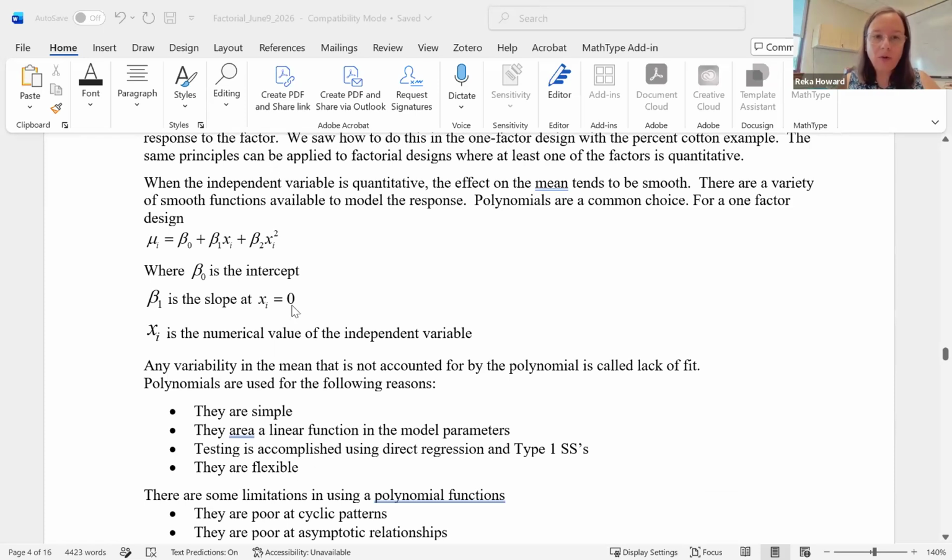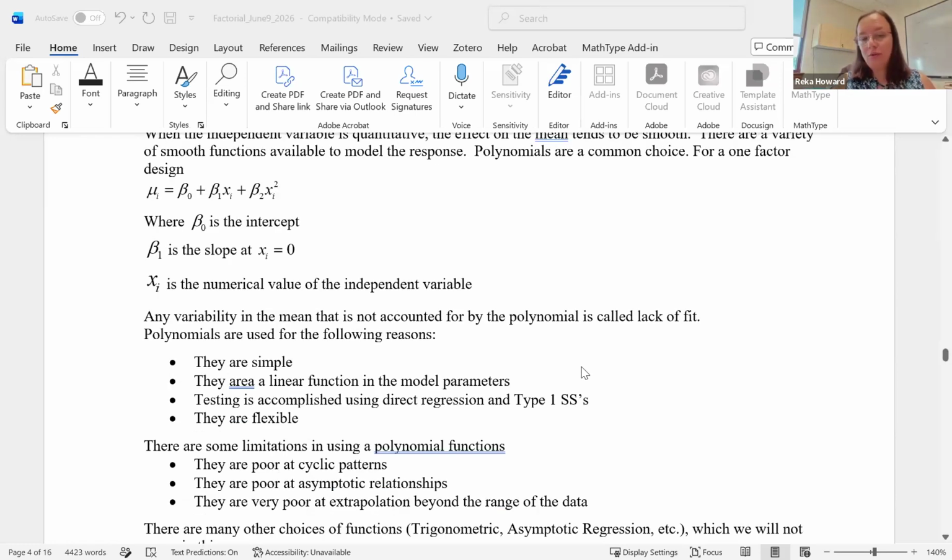But one thing that you have to be very careful about when you are using polynomials is that they are really not good at cyclic patterns. What does it mean? If you have a yearly data set and you know that you have a yearly pattern, it won't really work well, because polynomials are not what you would use for a cyclic pattern.